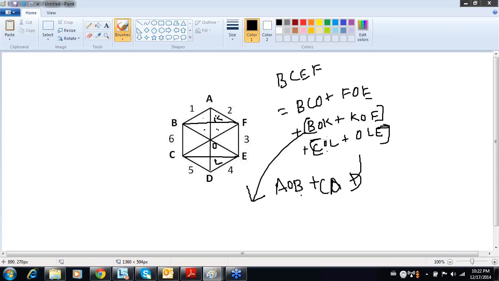So 1, 2, 3, 4. So the area of BCEF is nothing but the area of 4 equilateral triangles.